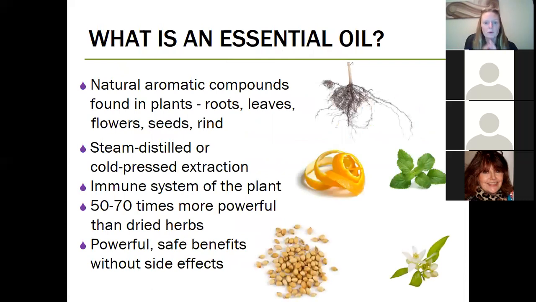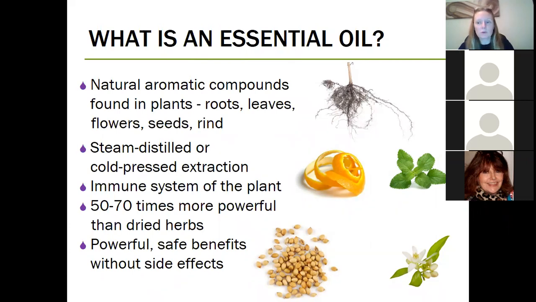For those of you who have no experience with essential oils, I'm just going to talk to you about what is an essential oil. So here are our little bottles in case you haven't seen them, and inside obviously we have the oils. Oils are basically the lifeblood of the plant. It's what makes the plant thrive in its natural environment and survive.